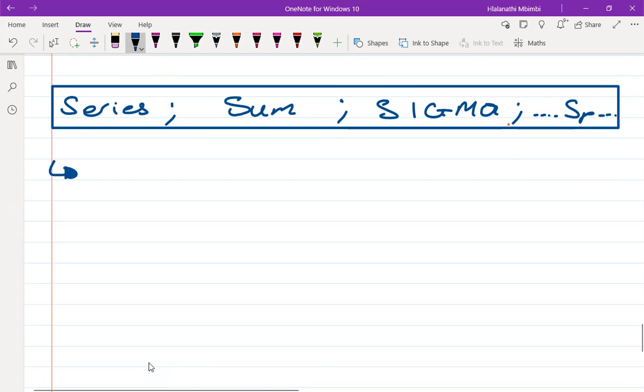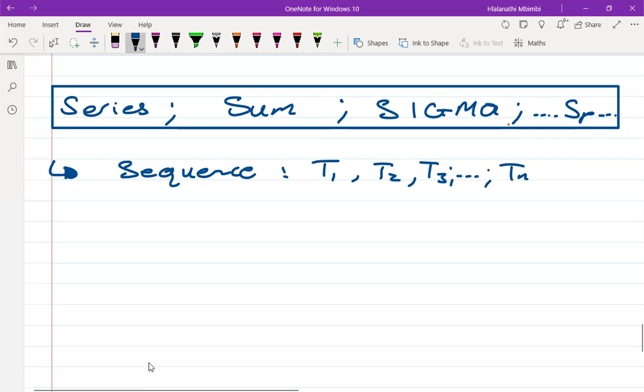So let's talk about the series, right? Basically, we have a sequence, which is what we've been dealing with. It's basically T1, T2, T3, and it goes on to some Tn. However, a series is a bit different.